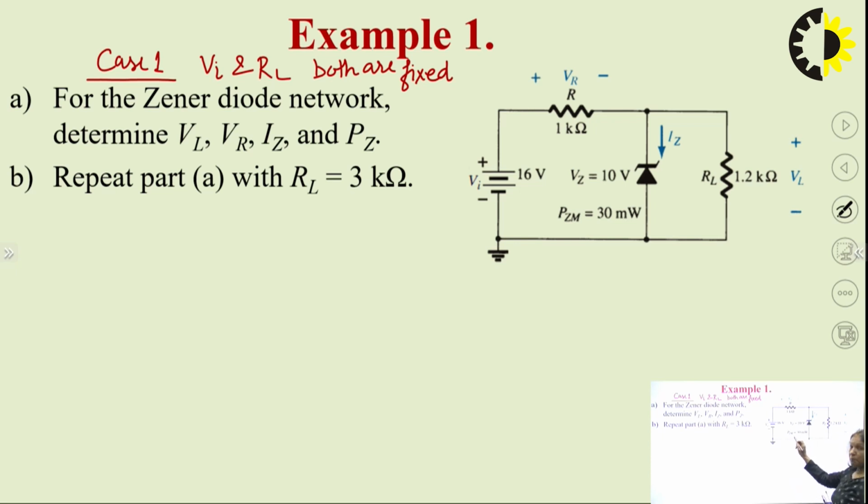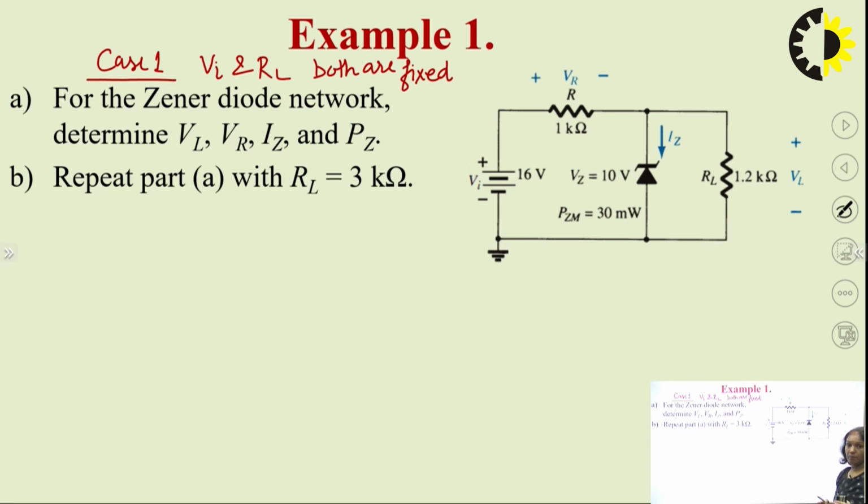Vz is given, and PZM, which means the maximum power the Zener diode can withstand, is given as 30 milliwatts. The value of the load resistance, 1.2 kilo ohm, is given. Vi is given, and what we have to calculate is VL, VR, IZ and PZ.